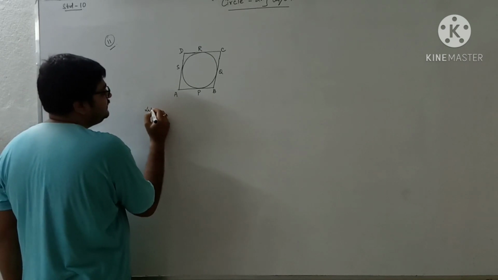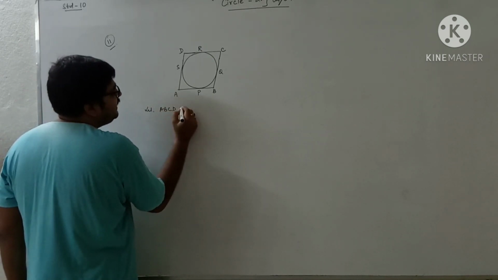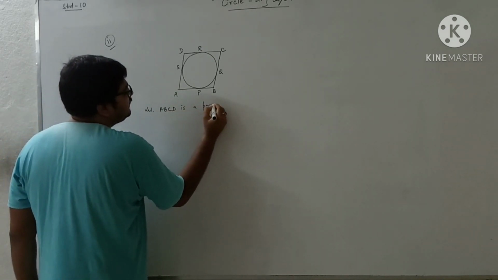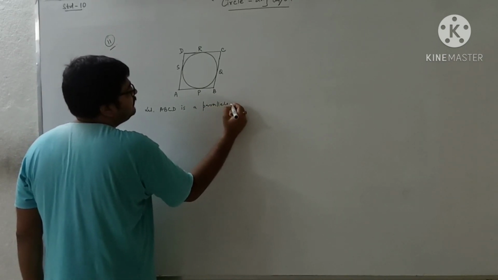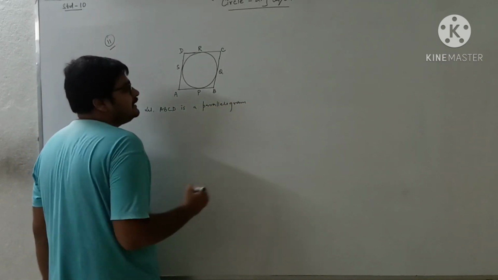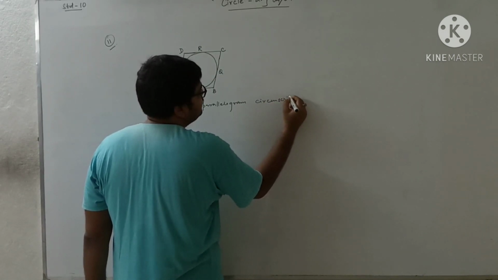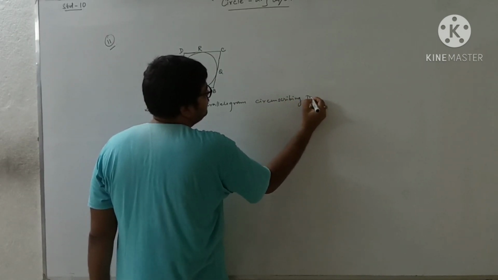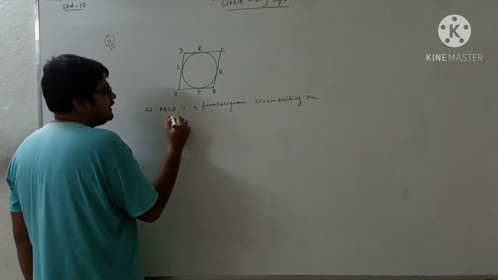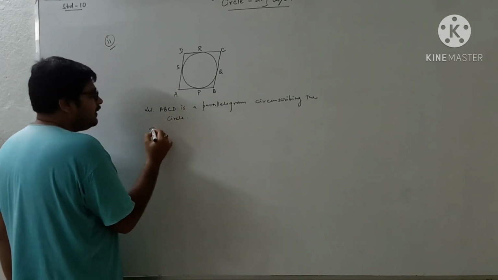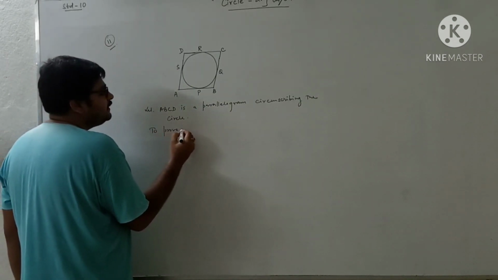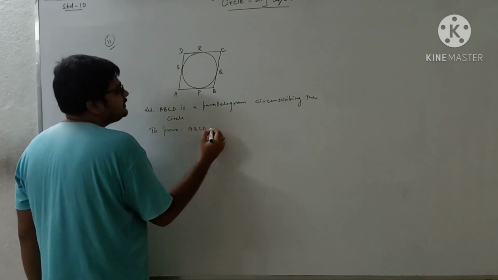Let ABCD be a parallelogram circumscribing the circle. What you have to prove? We have to prove ABCD is a rhombus.